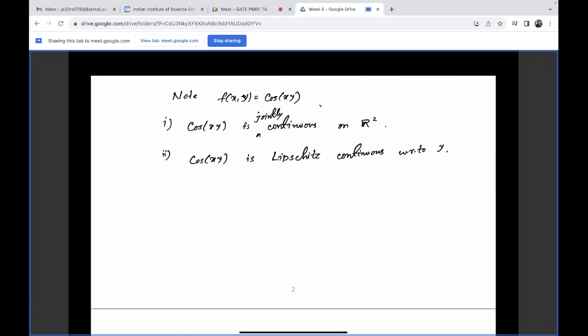In order to prove this, one way to prove that a function is Lipschitz is the mean value theorem, which is very useful, so we will use that. So take two points y1 and y2.